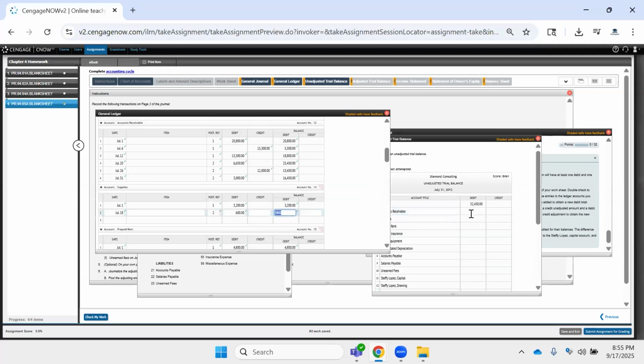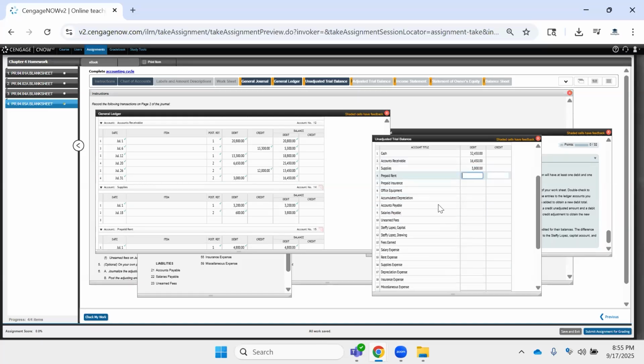And you just take your balances and copy paste them into their respective accounts. Make sure that you have your debits and credits correct. Make sure things make sense, right? Assets are going to be debits, that sort of thing.